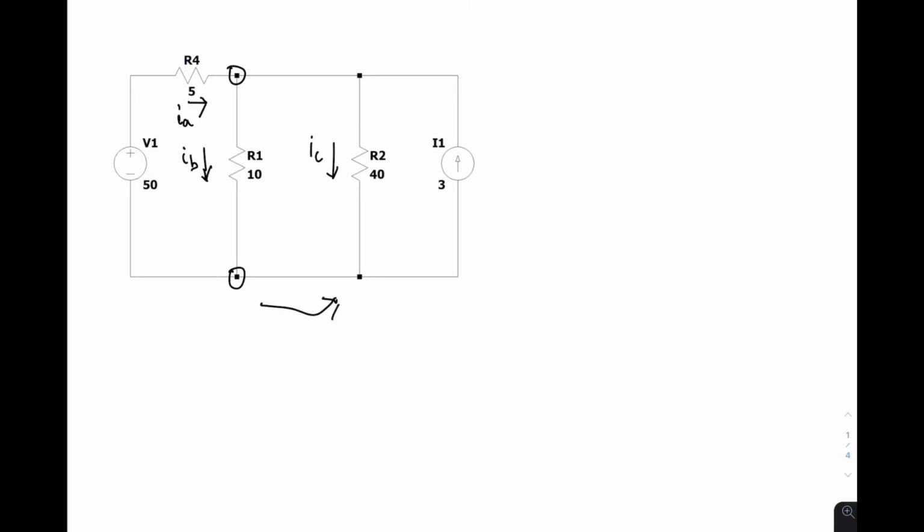There are only two essential nodes, therefore we're going to have NE, which is 2, minus 1. We're going to have one equation to solve this circuit.